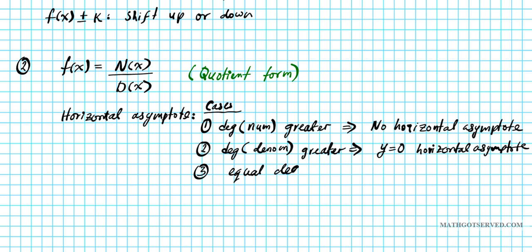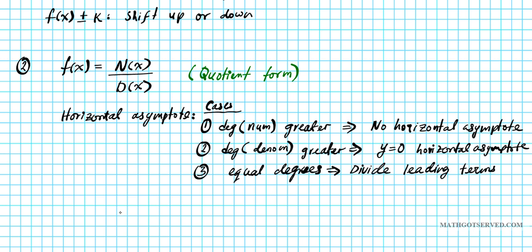When you have equal degrees, you find your horizontal asymptote by dividing. You just divide leading terms or coefficients. I'm going to use terms. You get the same result. So divide leading terms in the numerator and the denominator, and that will give you the equation of the horizontal asymptote.